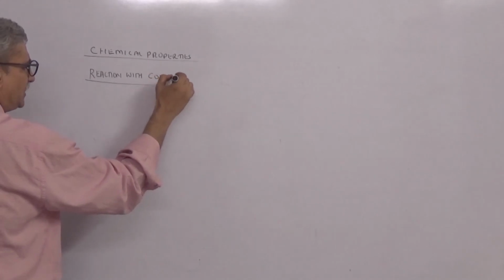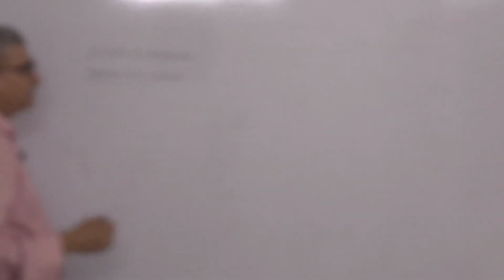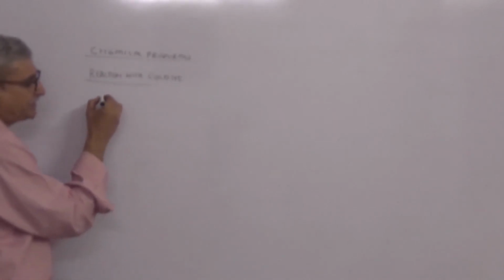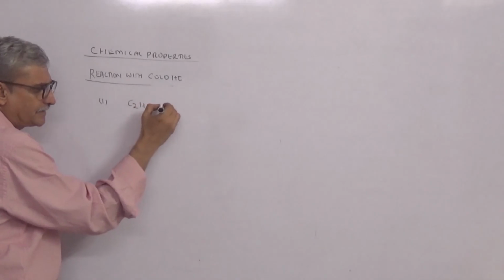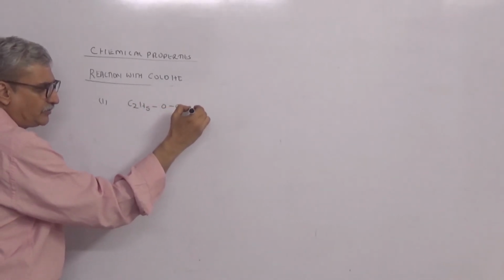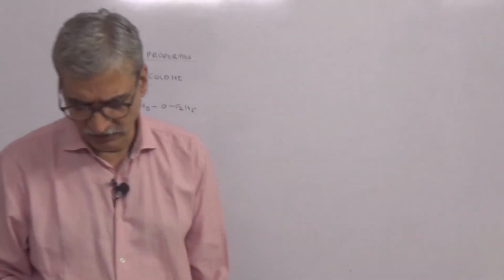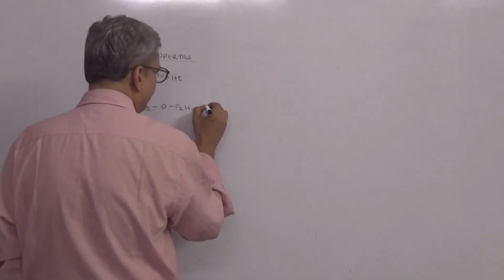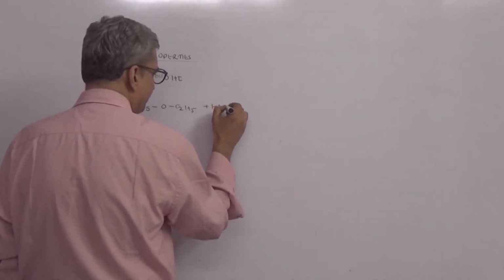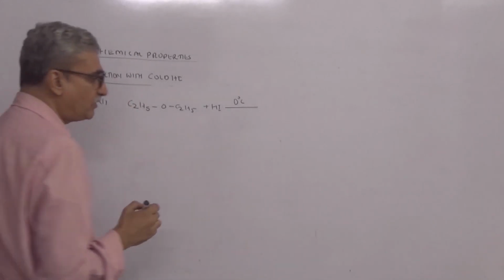Reaction with cold HI. What happens is, let us take three cases. When both the alkyl groups are same, C2H5-O-C2H5, both the alkyl groups attached to divalent oxygen are the same, then when they react with HI at 0 degrees centigrade, what happens?